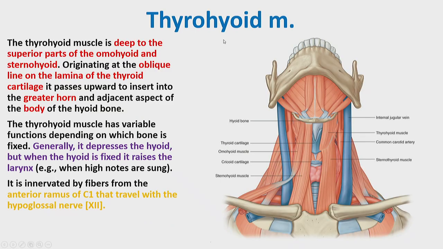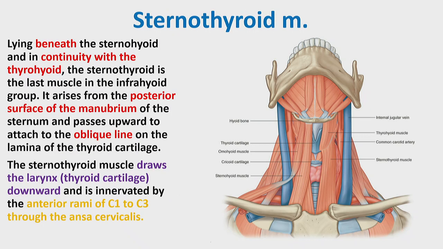Finally, this is the thyrohyoid muscle, which is innervated together with the geniohyoid from C1 carried by the hypoglossal nerve. This is another infrahyoid muscle. And sternohyoid is from the inner surface or posterior aspect of the manubrium of the sternum. It goes to the oblique line of the thyroid cartilage and continues as the thyrohyoid.